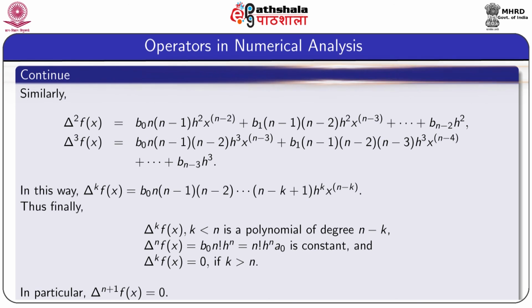In particular, Δ^(n+1) f(x) equals 0. So, we have shown that the nth order forward difference of a polynomial of degree n is a constant, and higher order differences of the same polynomial are equal to 0, and a lower order difference is a polynomial of degree n-k if we take the kth order difference.